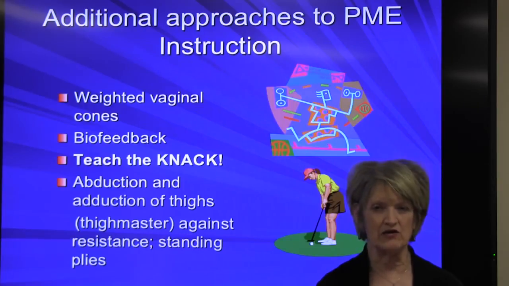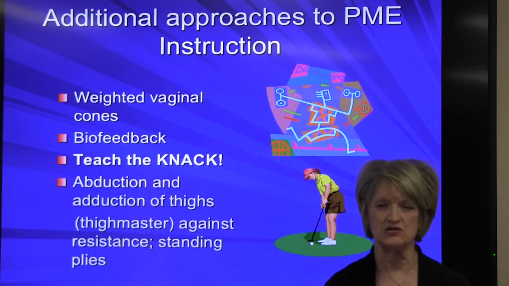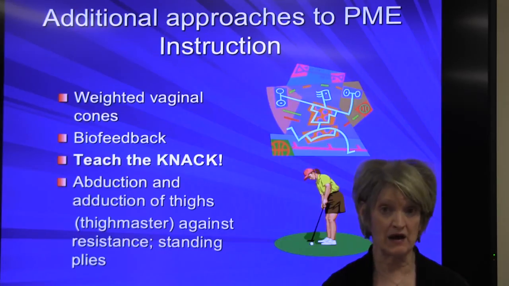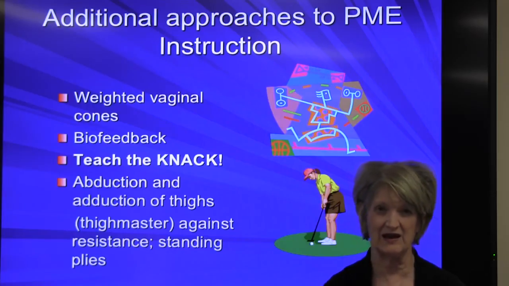EMG biofeedback, you have a probe with EMG sensors, or you have pelvic floor sensors that you can just attach to the pelvic floor. And it's going to pick up on pelvic floor muscle activity. So when you contract, again, it's transmitted to the screen. When you relax, you can see it flatten out.